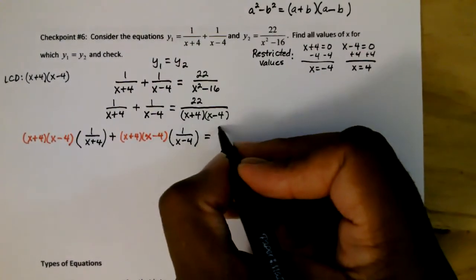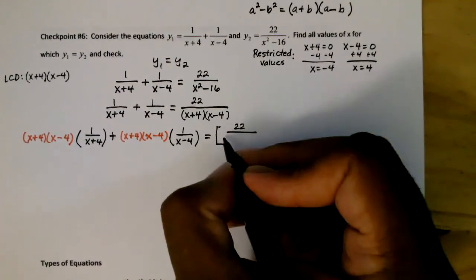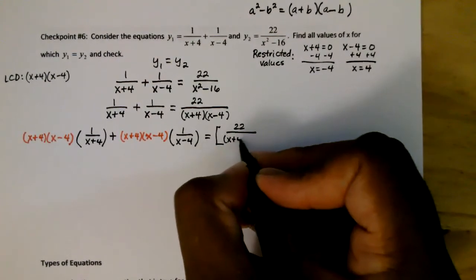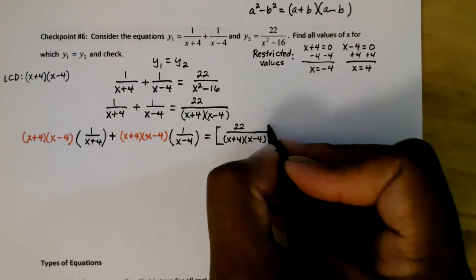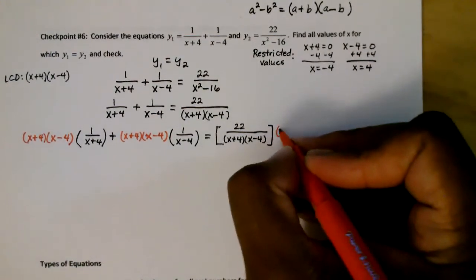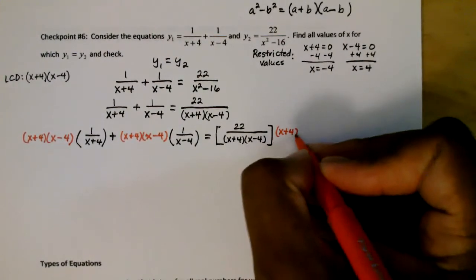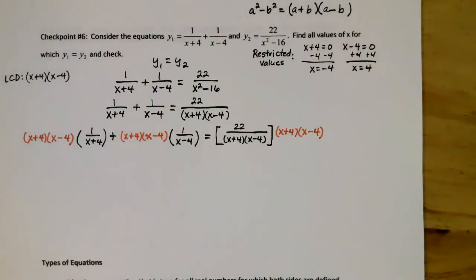And that's equal to, I'm going to write the 22 over x plus 4 times x minus 4. That's going to be multiplied by x plus 4 times x minus 4. That's the LCD.